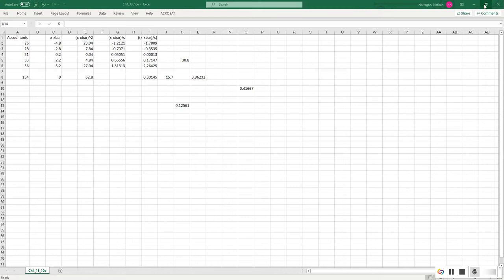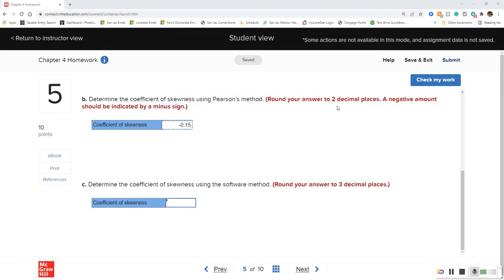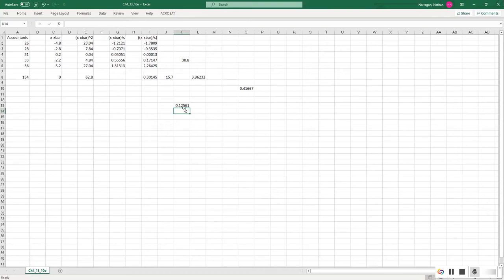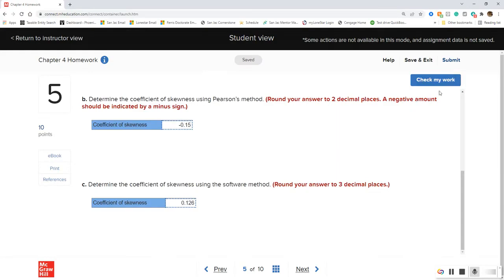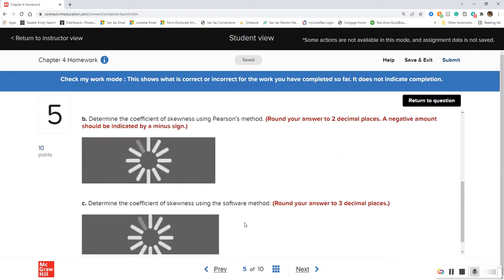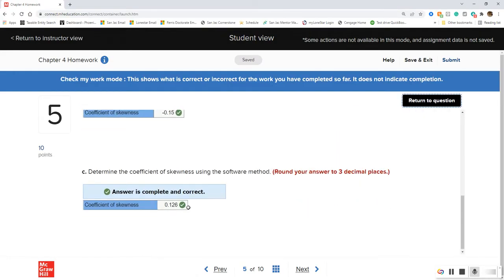So let's see, what does it tell us to round to? Round your answer to the nearest 3 decimal places. So that's going to be 0.126 for us. Yep, round up 1. Let's check. Okay, good.